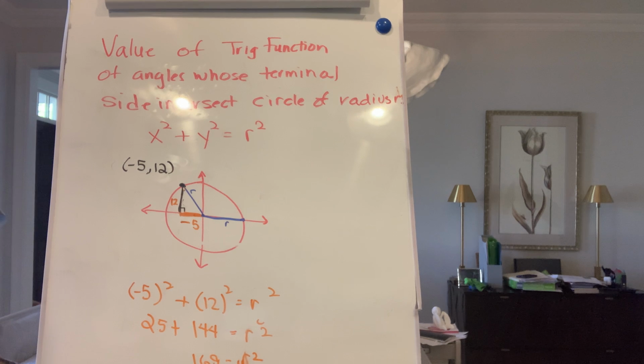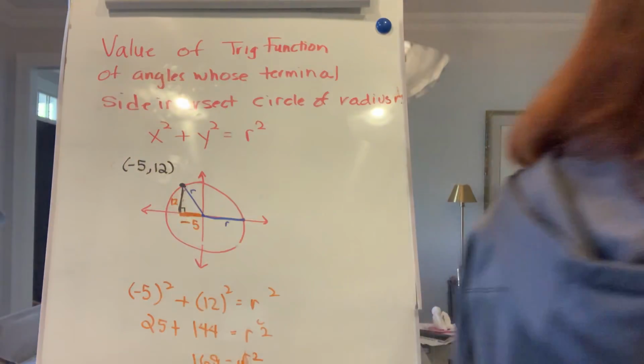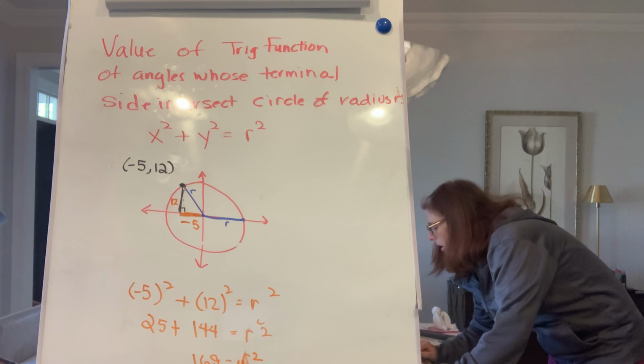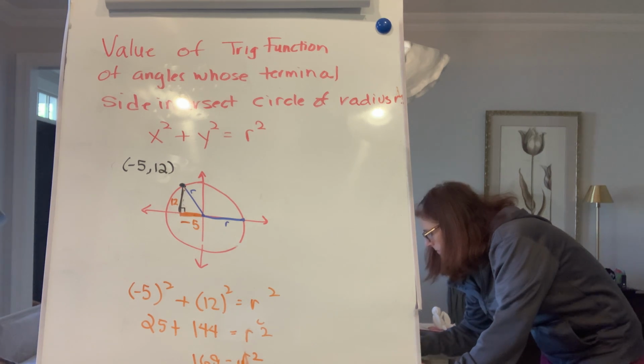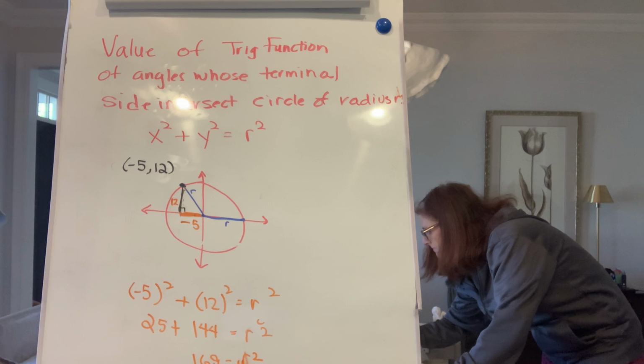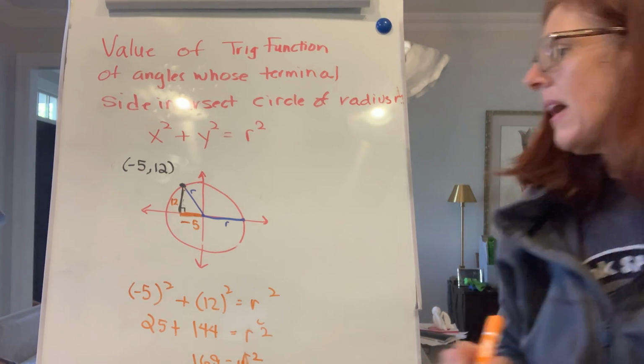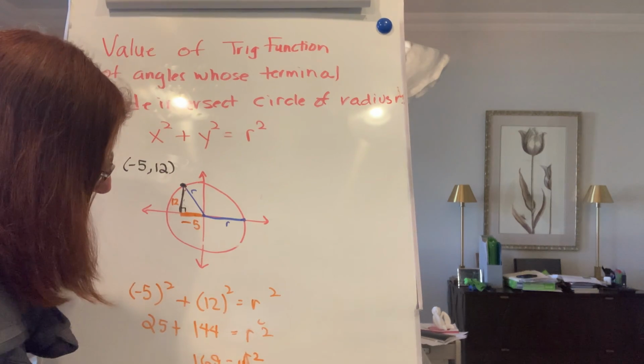I better use my calculator here. What is the square root of 169? You're all doing this, right? 13. So that last side is 13.